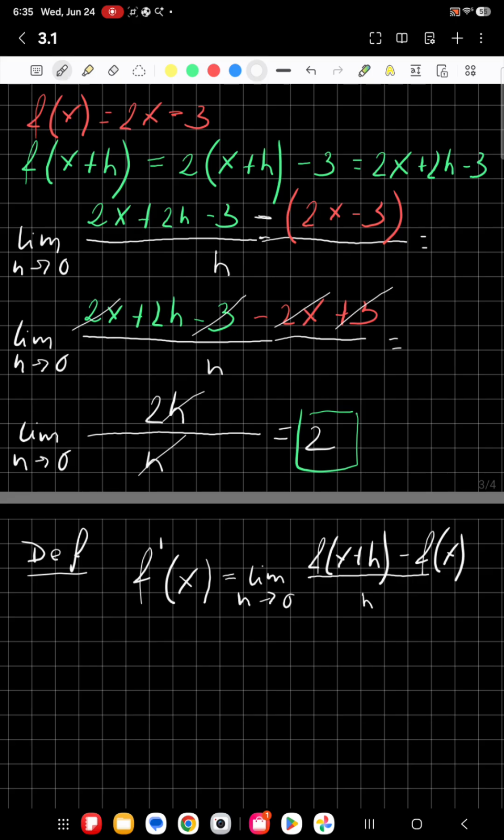Okay, so this is the definition of a derivative. And a function is differentiable, which means we can take a derivative, exists, if that limit exists.